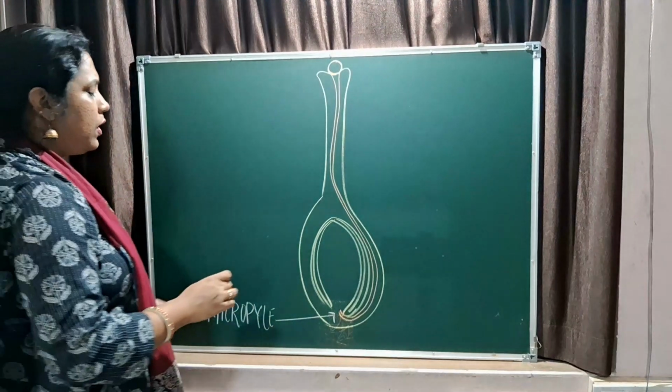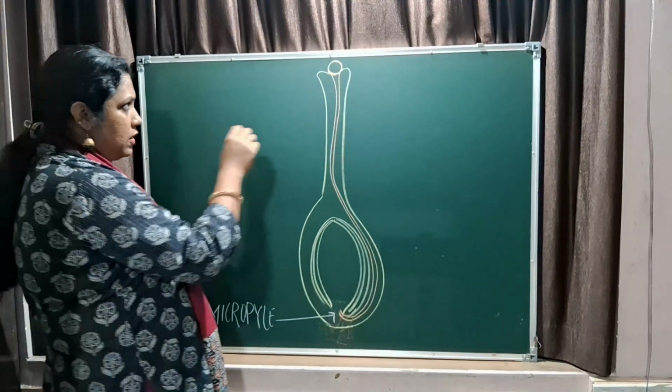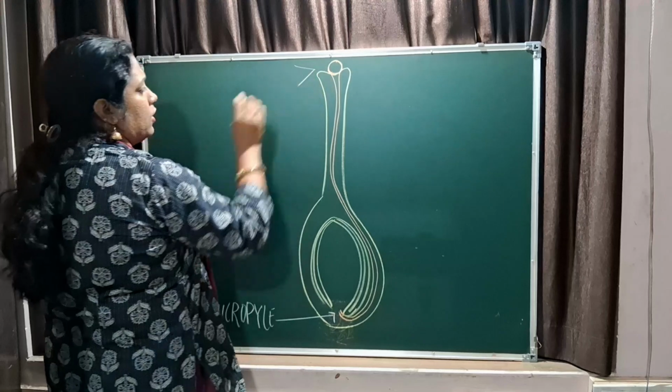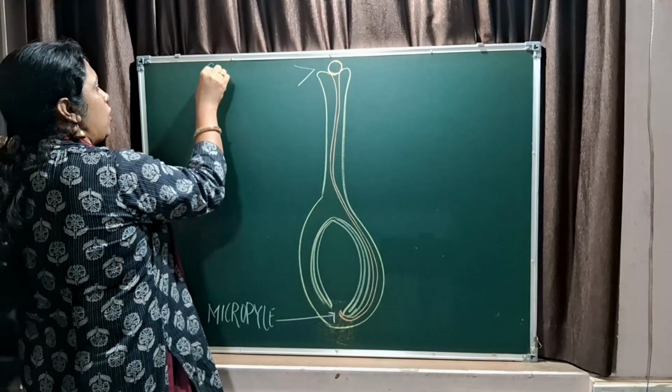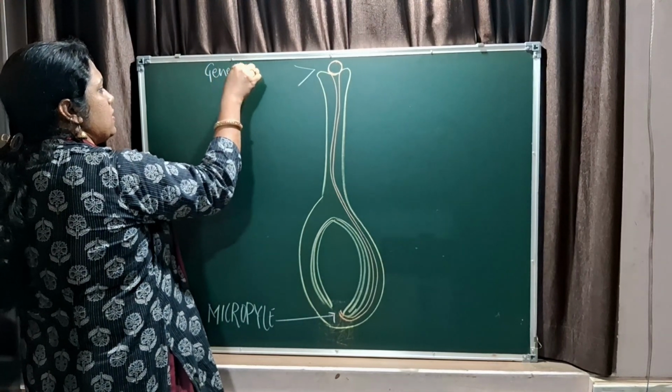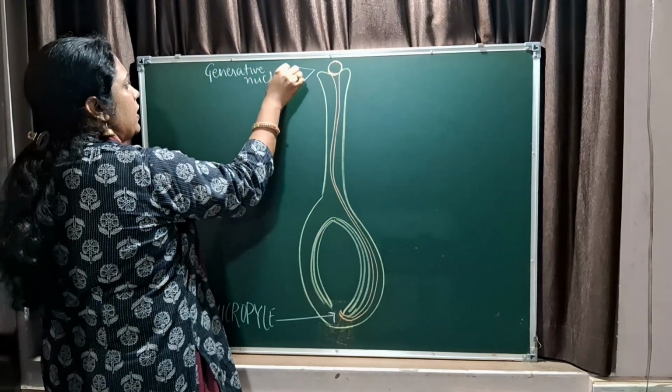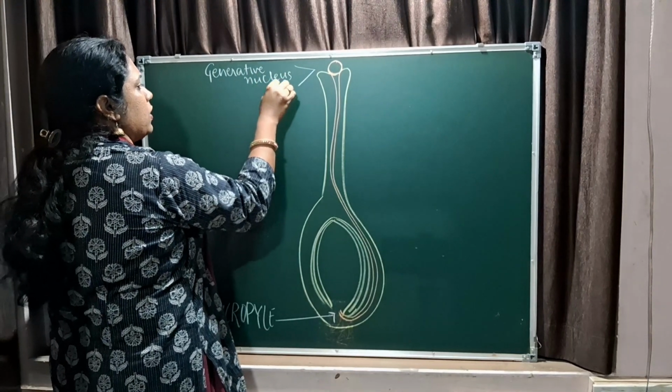Okay, now what happens, this pollen grain has got two types of nucleus. One is called the generative nucleus, and the other one is called the tube nucleus.